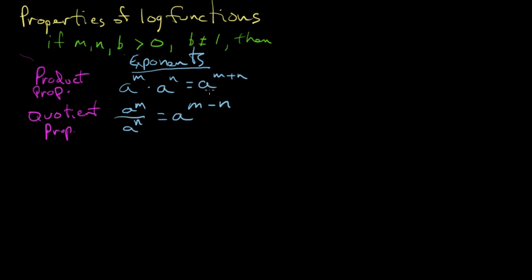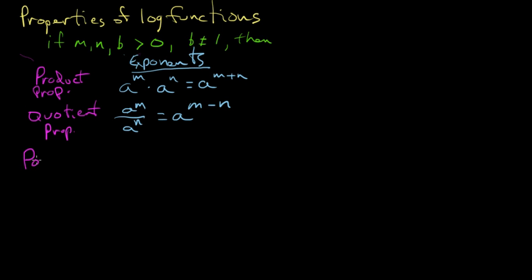Now you've been practicing these real well for a while now, so this shouldn't be anything new to you. If you have the same base and you're multiplying these two powers together, you just add the exponents. If you have the same base and you're dividing these powers, you subtract the lower exponent from the upper exponent. And once again, we've been doing this for a while now, so this is no big deal.